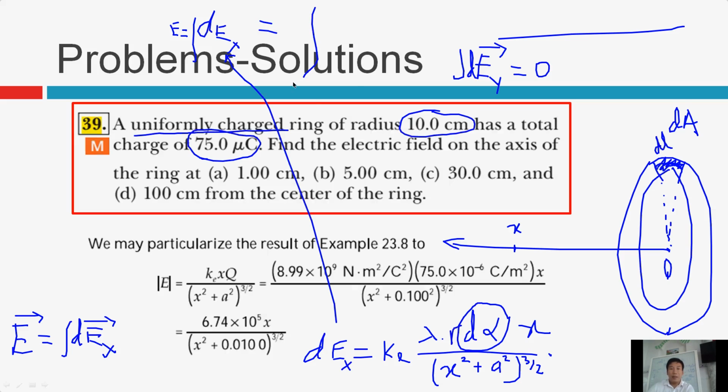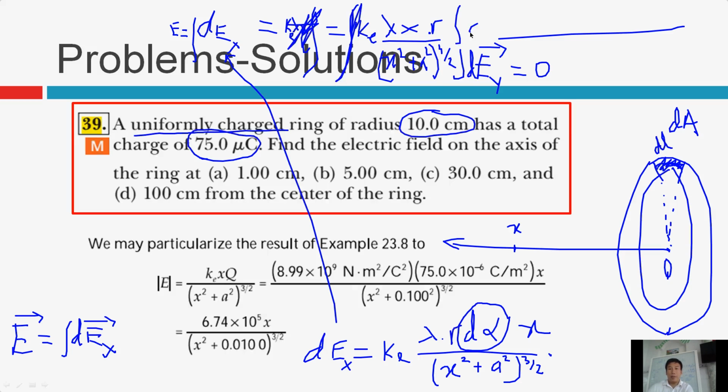So in this case, you have k e lambda, r divided by (s squared plus a squared) power 3/2, integral here.